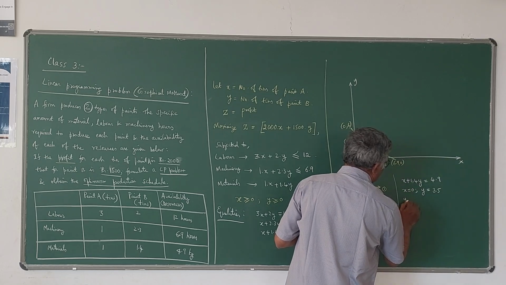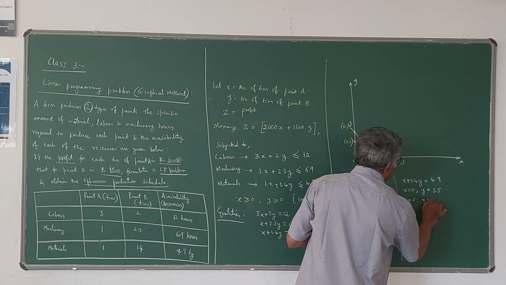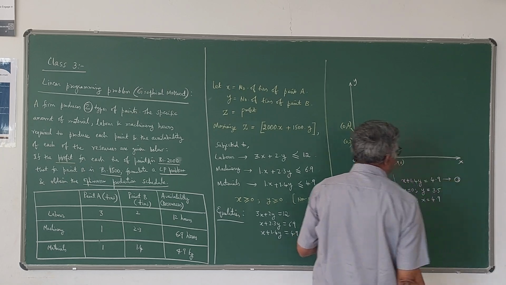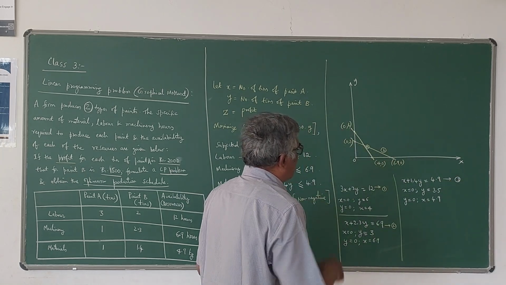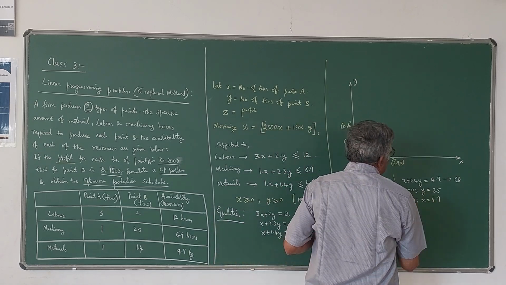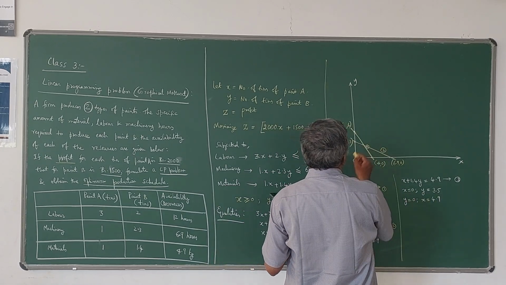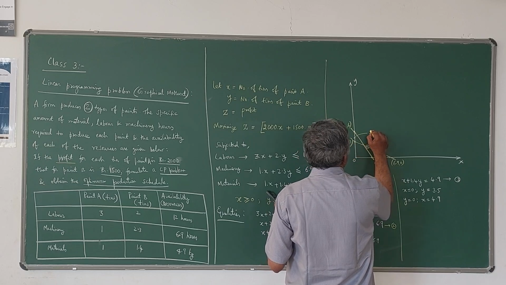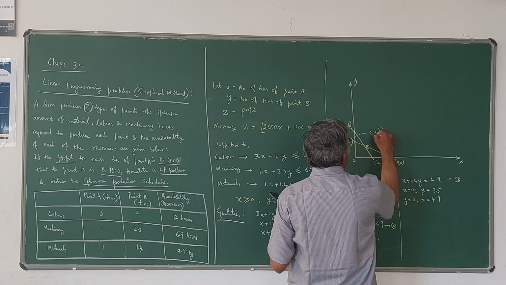Then if you take y is equal to 0, x will be of course 4.9. So to plot this third equation, the points are 0, 3.5, which will come somewhere here.